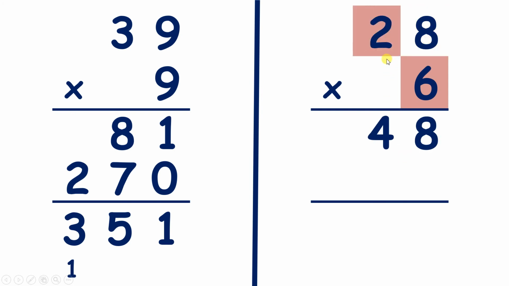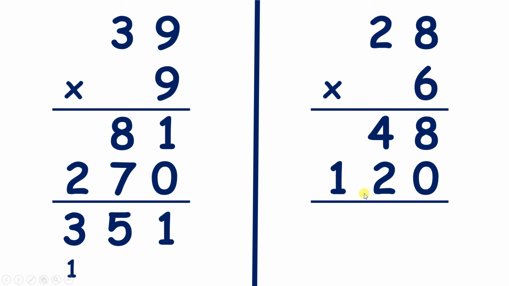So now we can move on to 2 times 6, and we know that that 2 really stands for 2 tens. So we can write a 0 in our units column before we answer 2 times 6, which is 12. So we have 120.